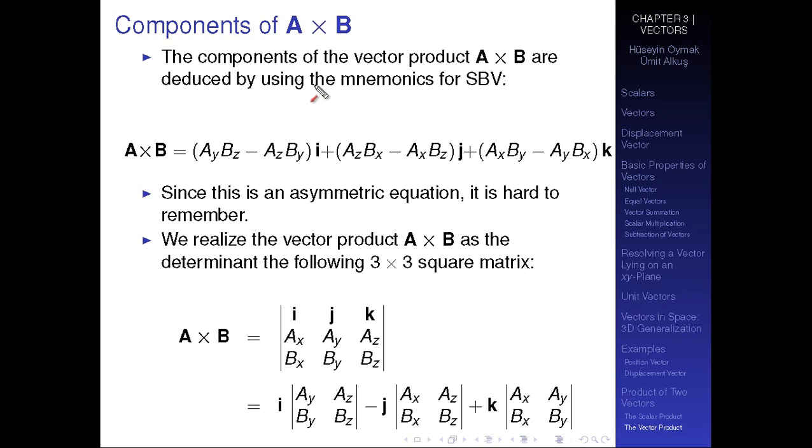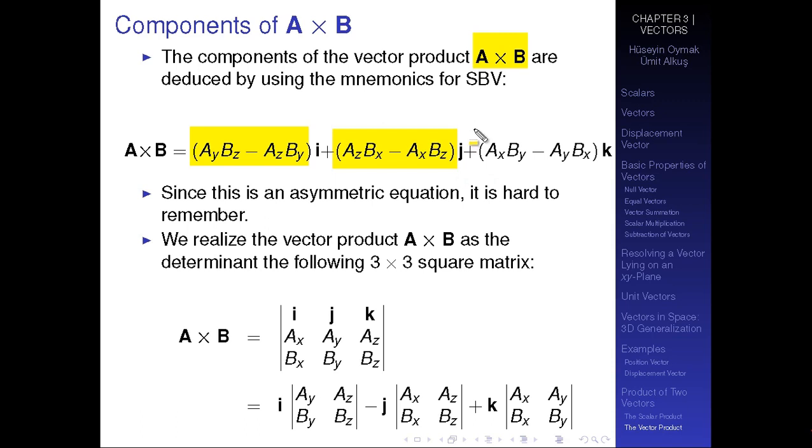The components of the vector product A × B are deduced by using the two equation sets as we have previously derived, such that the x component of A × B is equal to AyBz minus AzBy. And the y component of A × B is equal to AzBx minus AxBz.